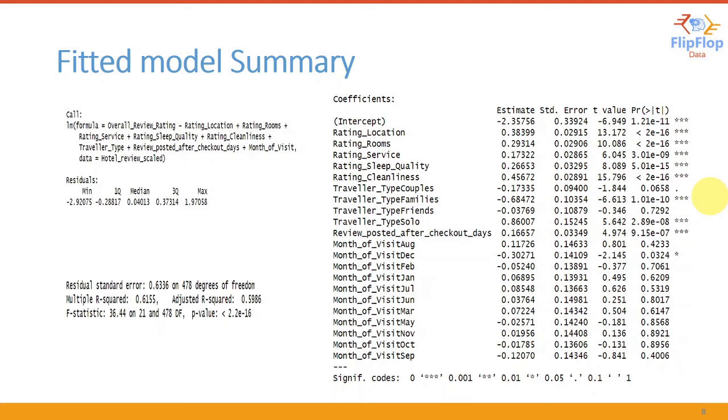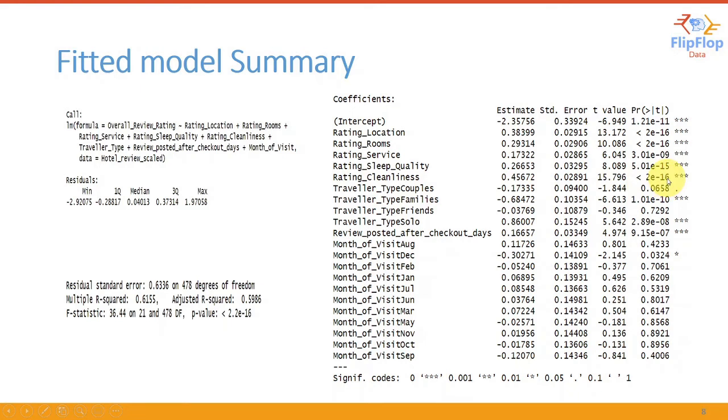If you observe very closely, out of these 5 variables, location, rooms, and cleanliness are the most significant predictors. Why? Because all 3 of them have the same p-value. You are able to see location, rooms, cleanliness.